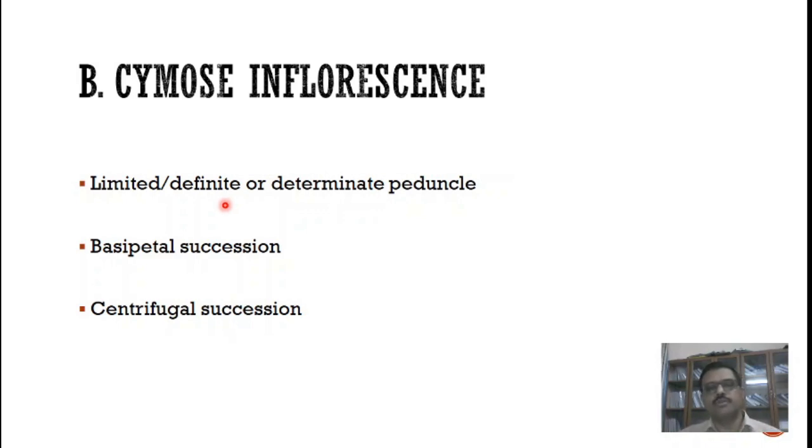In cymose inflorescence, the peduncle shows limited, definite, or determinate growth. So the growth of the peduncle ends at a certain point. And it can be seen that in cymose inflorescence, the growth of the peduncle always ends in a single flower.